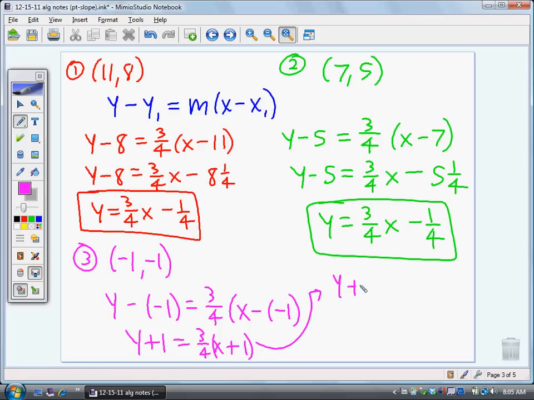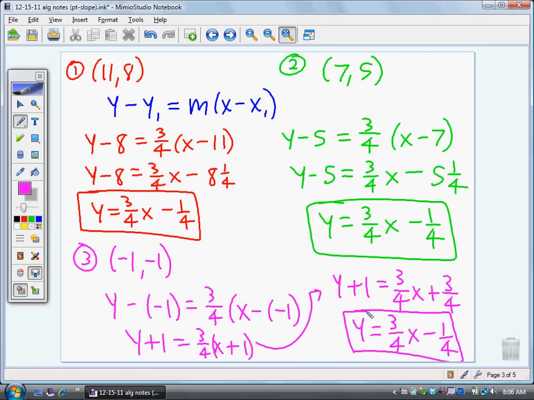And so then y plus 1 is equal to 3/4 x plus 3/4. When you subtract 1 from each side, you get y is equal to 3/4 x minus 1/4. And you can see that the slope-intercept form is the same for each ordered pair. And that's what happens. You have one slope-intercept equation. Now you actually have multiple ways to write it in point-slope form.